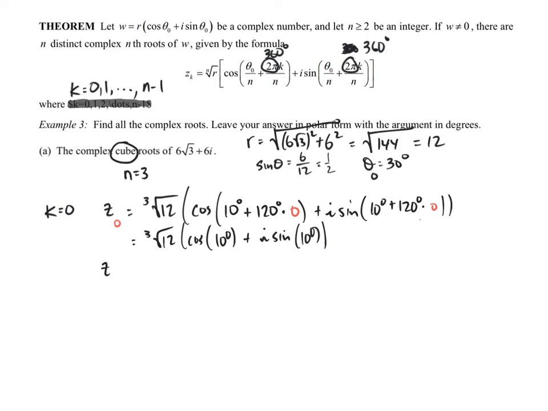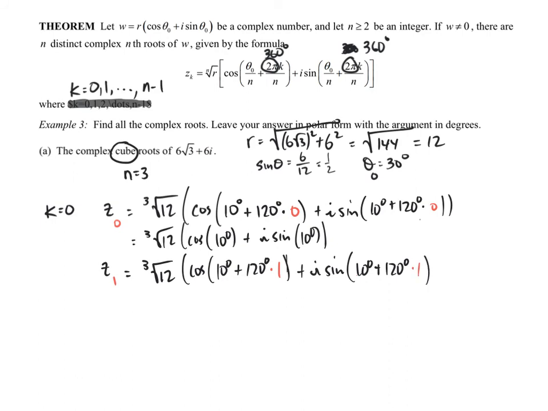Now I'm going to do z sub 1. This is again going to be the nth root, which is the cube root, of 12. This time I'm going to have cosine of 10 degrees plus 120 degrees multiplied by k, which in this case is now 1, plus i times the sine of 10 degrees plus 120 degrees multiplied by 1, since in this case k is 1.